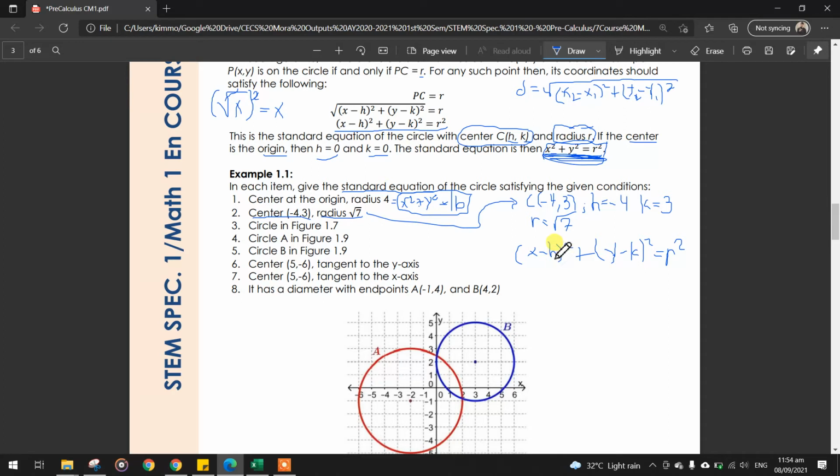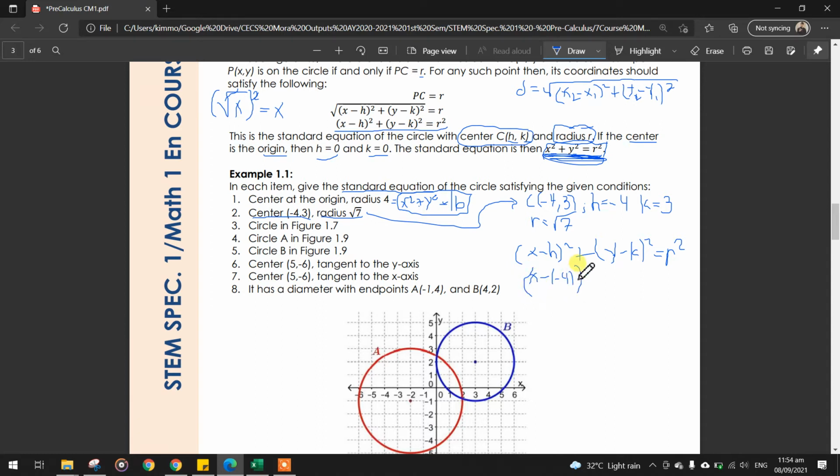Next step is to plug in the values sa atong h, k, and our r. So x minus h, our h again is equal to negative 4, minus negative 4. So dapat naa pa na si minus sign ha, don't forget. Minus, then negative 4 pa diyan siya.